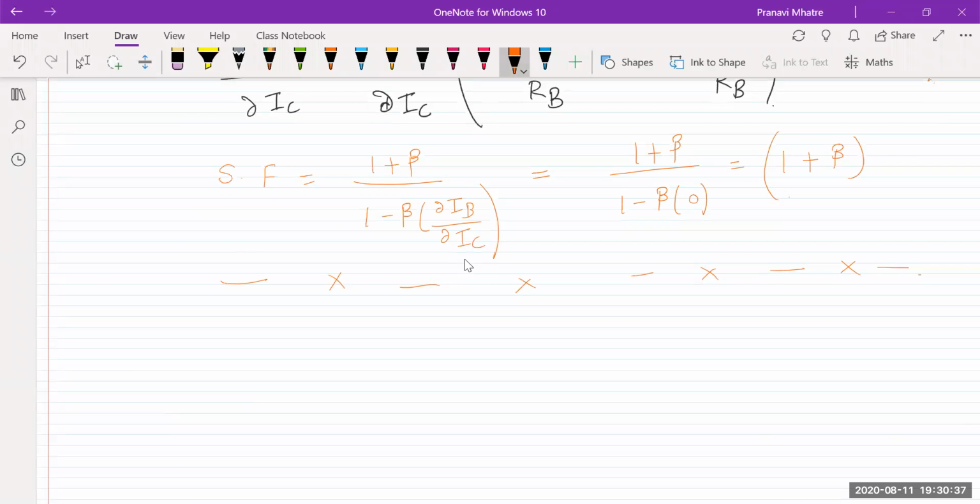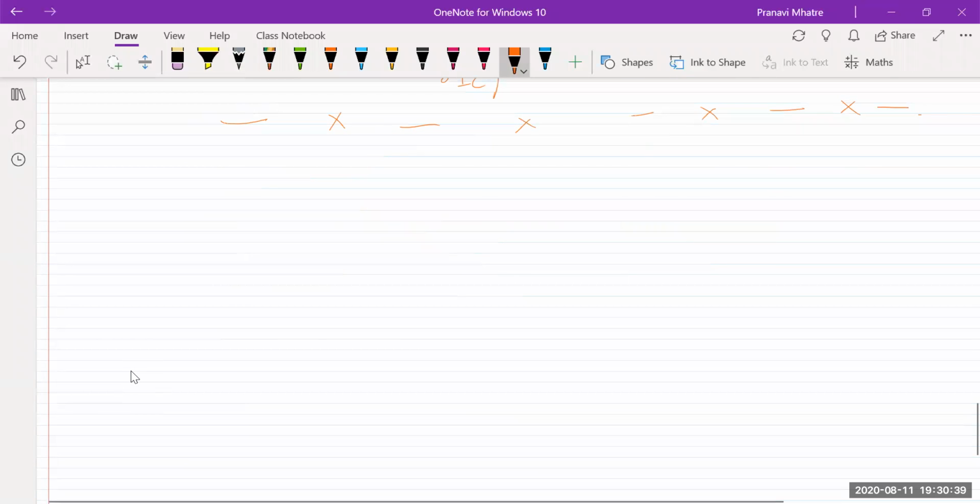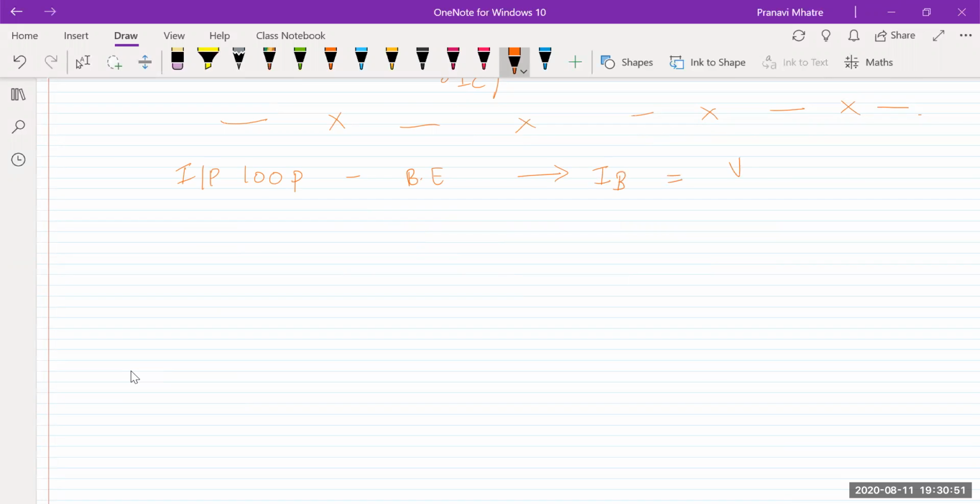So I'll just quickly write down all the points as a revision. So my input loop is between base and emitter. From the input loop, you will calculate IB. Expression for IB in this fixed bias circuit is VCC minus VBE upon RB, which should be in microamps.